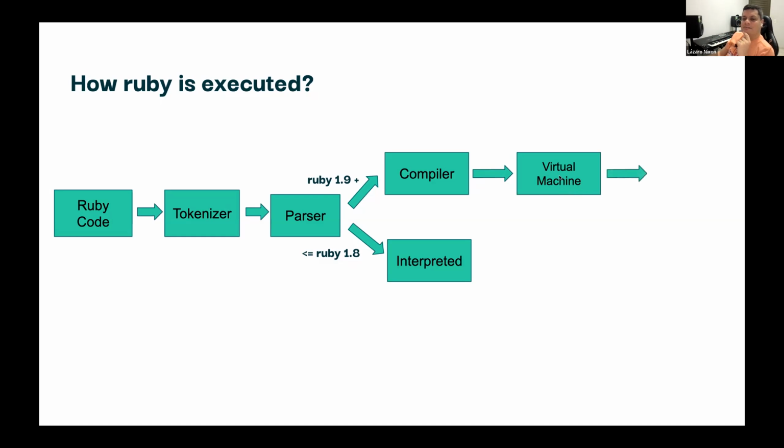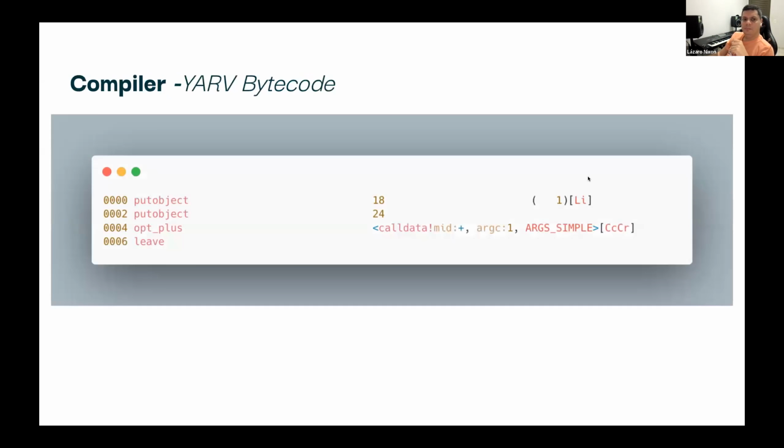The virtual machine interprets this bytecode, and the code is interpreted. This is how the YARV bytecode looks. For that example, you have the 18, 24, and you have the opt plus, and then you leave.